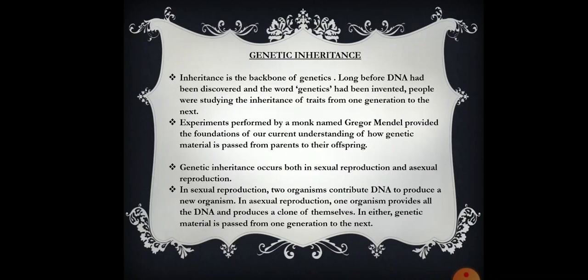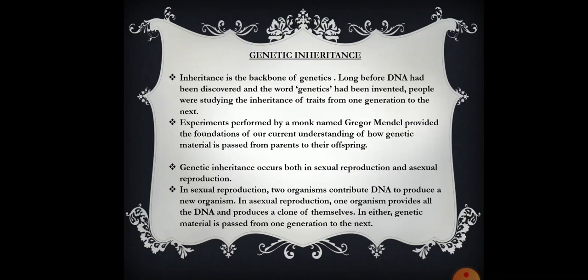But this is not a common rule for all. There are some exceptions to this rule, like there are a few examples where the inheritance of characters occurs because of other cell organelles like cytoplasm or mitochondria, which means it is the cytoplasm or the mitochondria that controls the expression of a character, and it has nothing to do with the DNA and the gene code which is present in the nucleus, right?